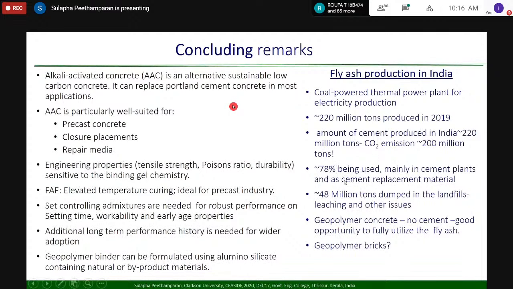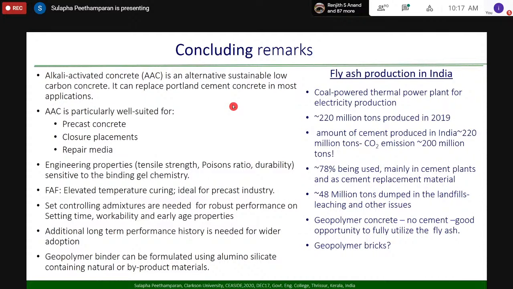The 78% of the fly ash being produced in India is being used in the cement manufacturing or in replacing the cement in Portland concrete. But 48 million tons is still dumped in the landfills, and we have scarcity of lands, we have environmental issues. Can we use that much of waste?